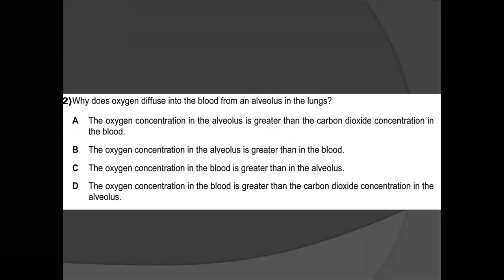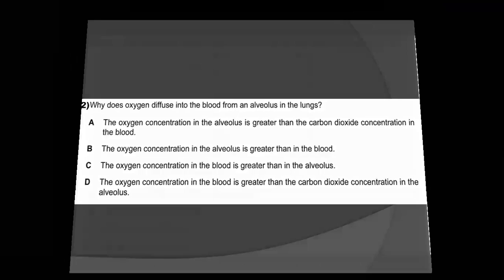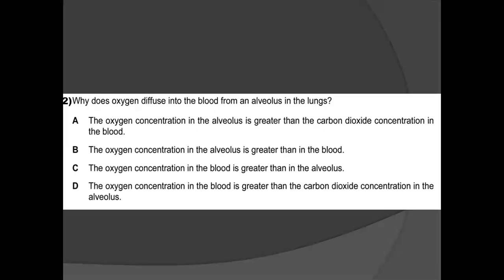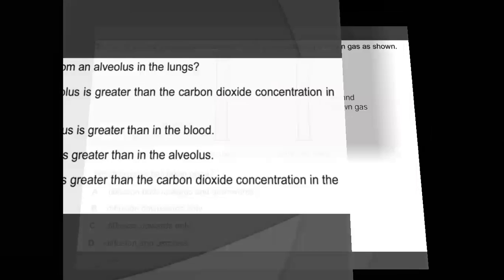Another possible exam question on diffusion is as follows. Why does oxygen diffuse into the blood from an alveolus in the lungs? Again, attempt this question, then send me the answer.